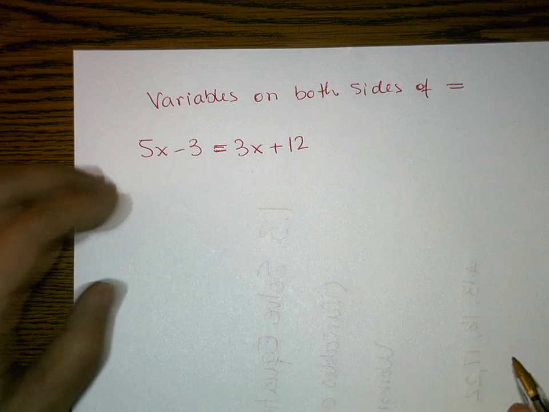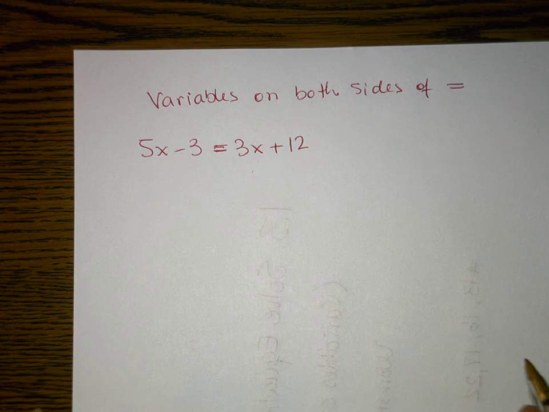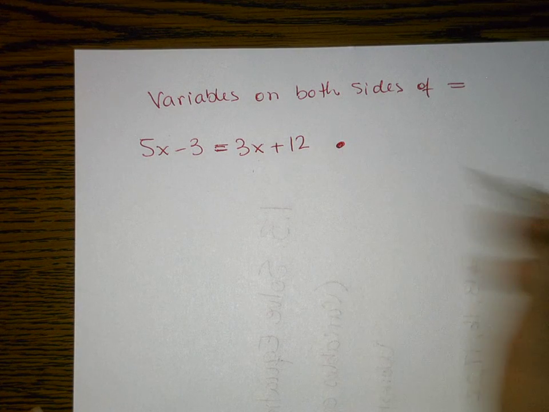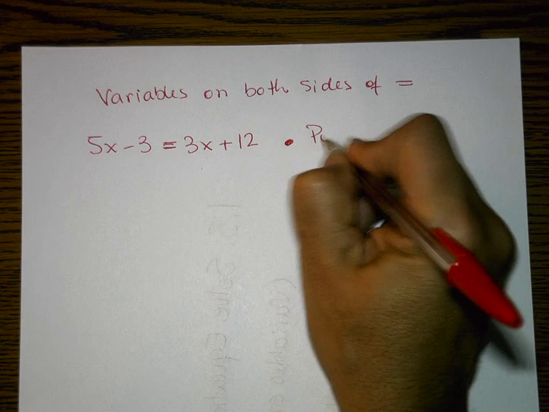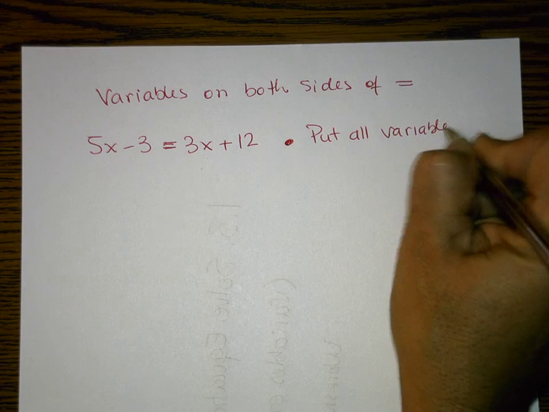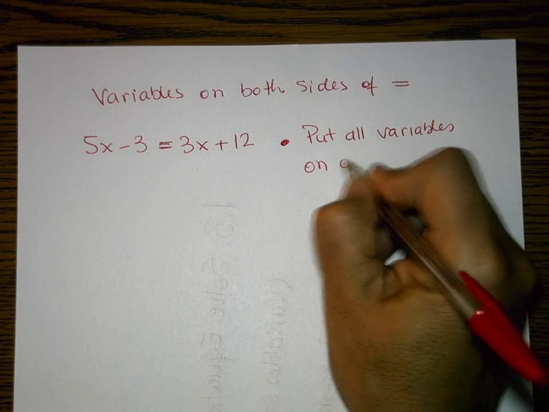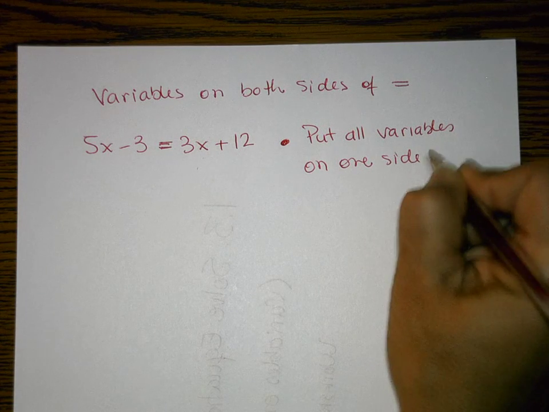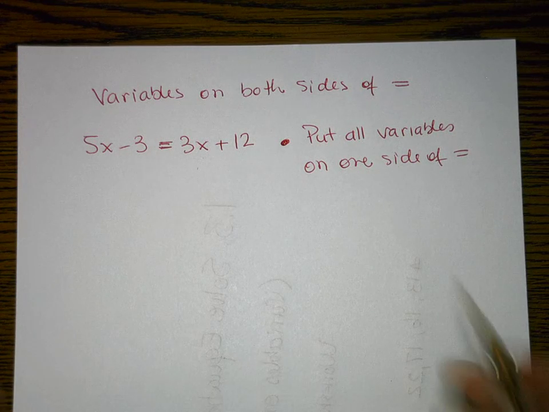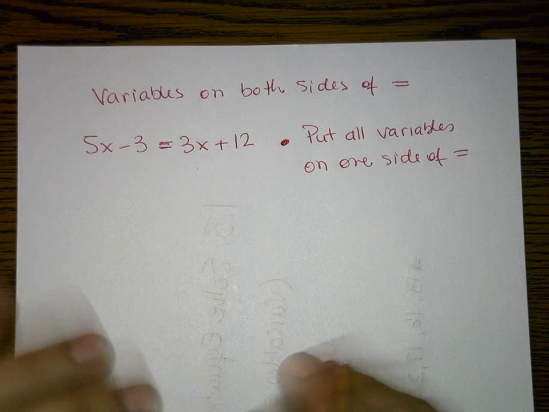Well, in order for me to do this, I have to pay attention to my previous skills, but also I need to remember one more thing. Our goal is to put all variables on one side of the equal sign, okay? And in order to do that, my elementary school teacher used to say, let's sort the beans, let's sort things out.